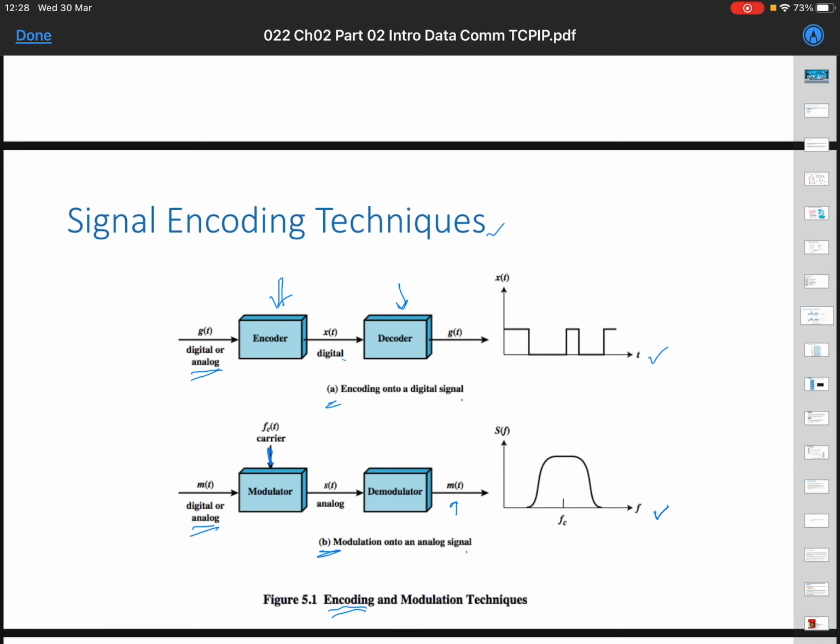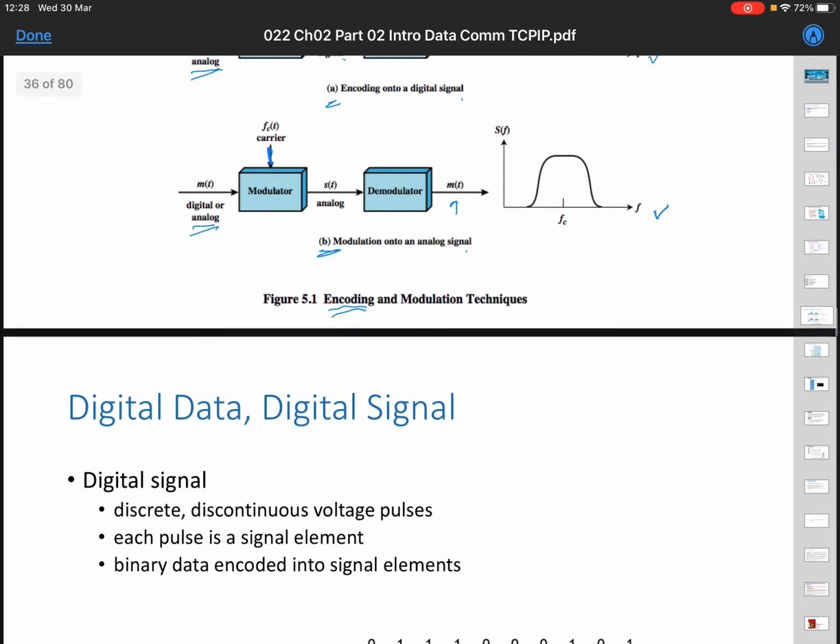I guess you have learned this topic in a previous semester, maybe in principles of communication. So that topic is covered in that subject. In this data comm, we will just discuss briefly about encoding and modulation.